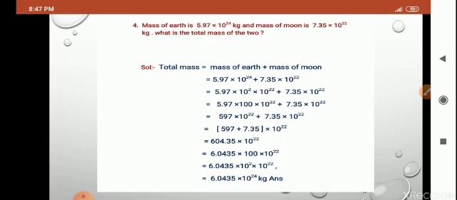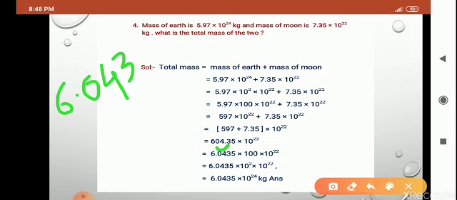So now we convert 604.35 into standard form. So first of all we write 6, then here we move the decimal left 2 places, that is 6.0435 into 10 to the power 22 plus 2, that is 24, because here we move the decimal 2 places.